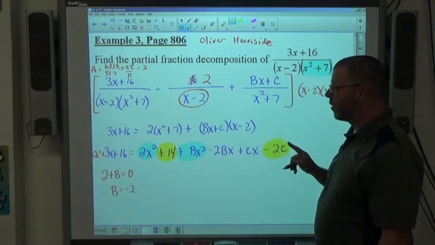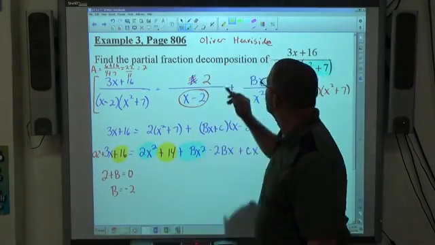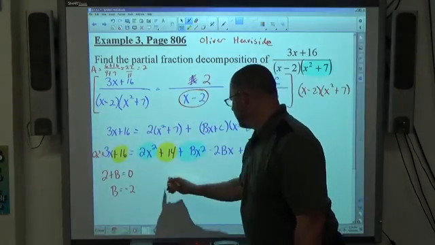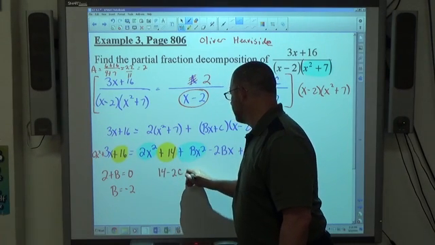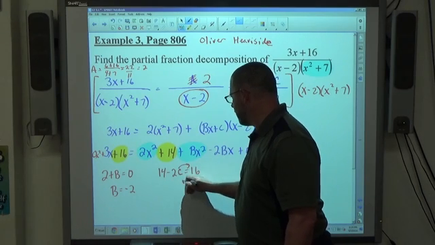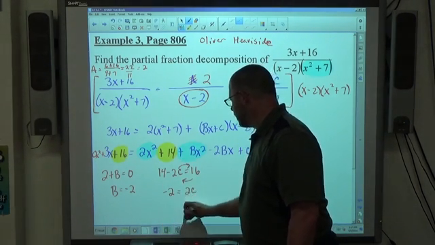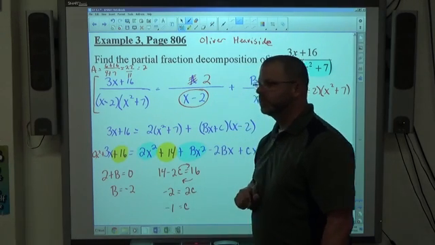Unless it has an x on it, it's going to represent a constant. And the two constants should add up to the constant. If I take a look at those, I'm going to get 14 minus 2c is equal to 16. If I move the 2c to the right and the 16 to the left, 14 minus 16 is negative 2. Positive 2c ends up over here, so c is equal to negative 1.